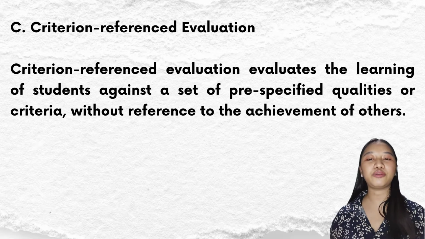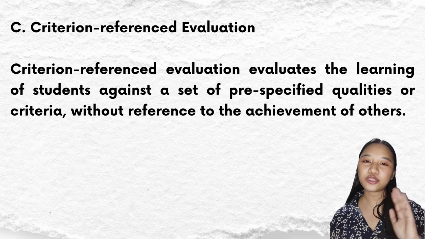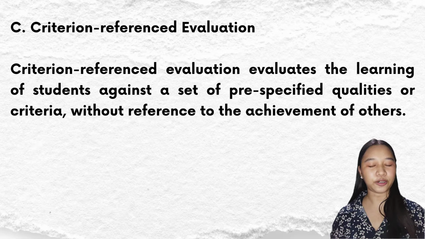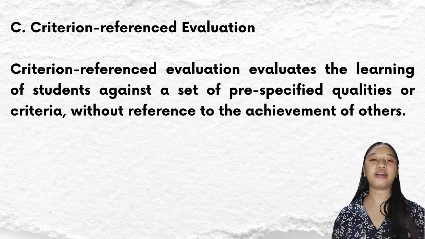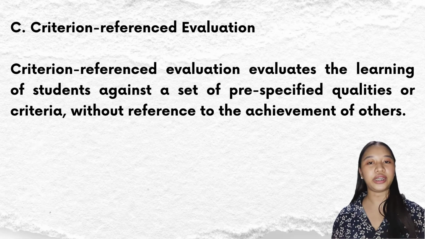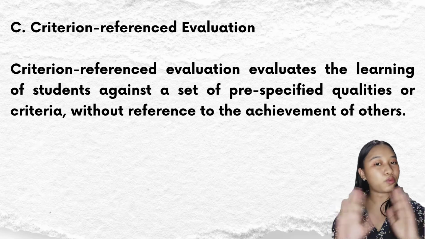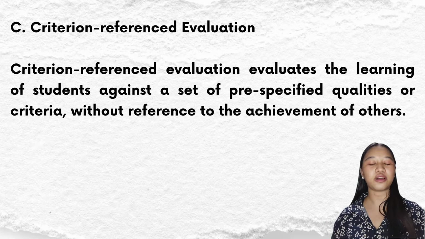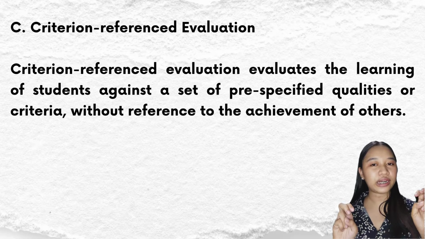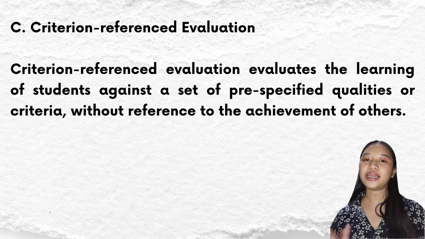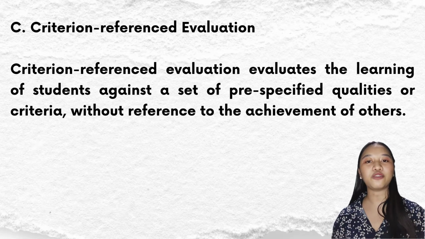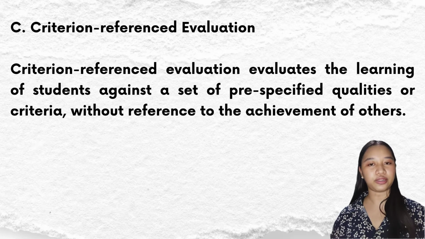Letter C, criterion referenced evaluation, is also not the correct answer. Criterion referenced evaluation evaluates the learning of students against a set of pre-specified qualities or criteria without reference to the achievement of others. From the definition itself, without reference to the achievement of others, it is clear that it is not about comparing students' performance to the performance of others.